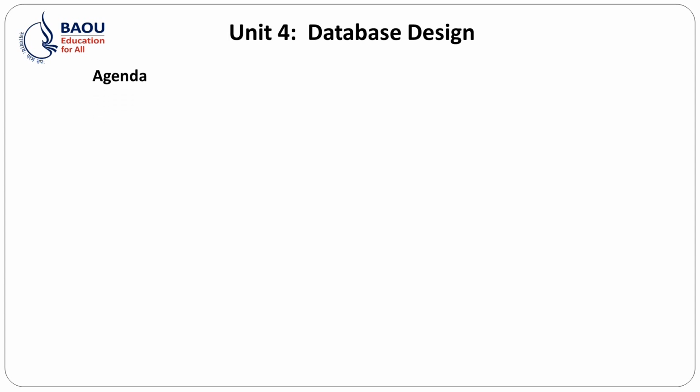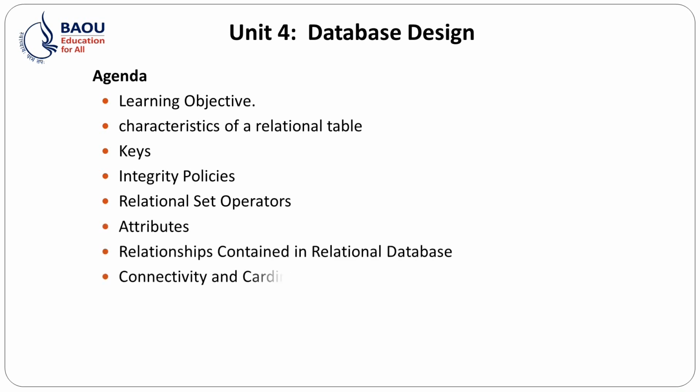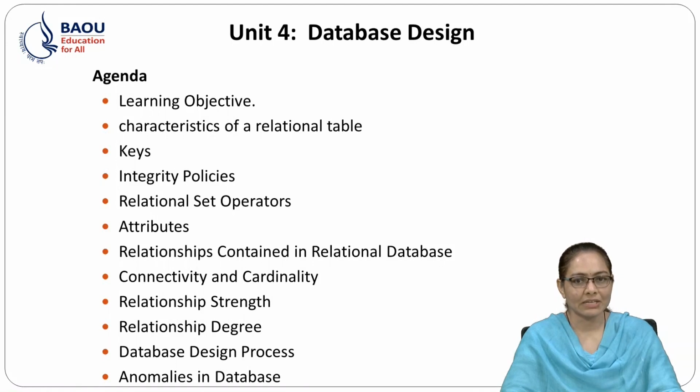First of all, we see the agenda of Unit 4: learning objectives, characteristics of relational table, keys, integrity policies, meaning integrity rules, relational set operators like union, intersect, minus, product, join, select, etc. Attributes, relationships contained in a relational database, connectivity and cardinalities, relationship strength, relationship degree such as unary, binary, ternary, etc. The database design process like top-down versus bottom-up design and centralized versus decentralized database design.